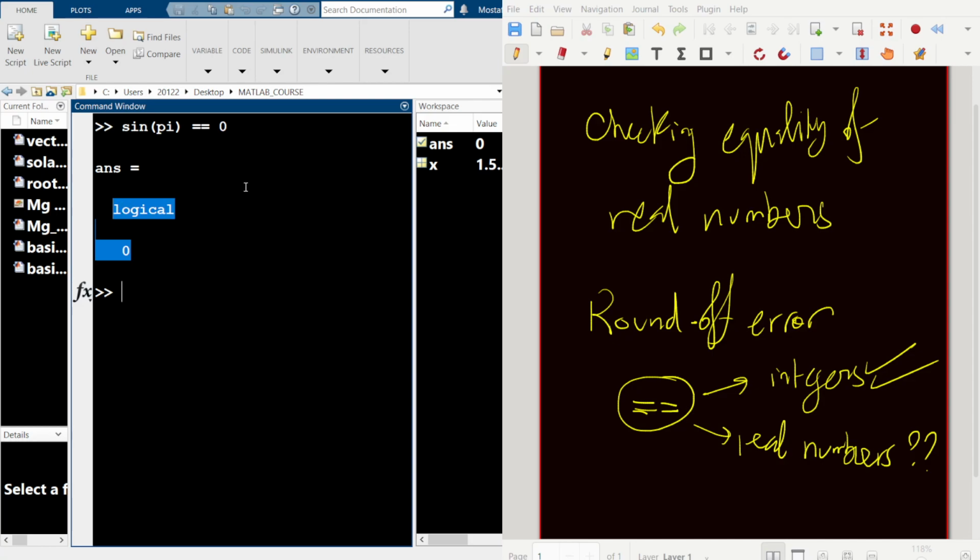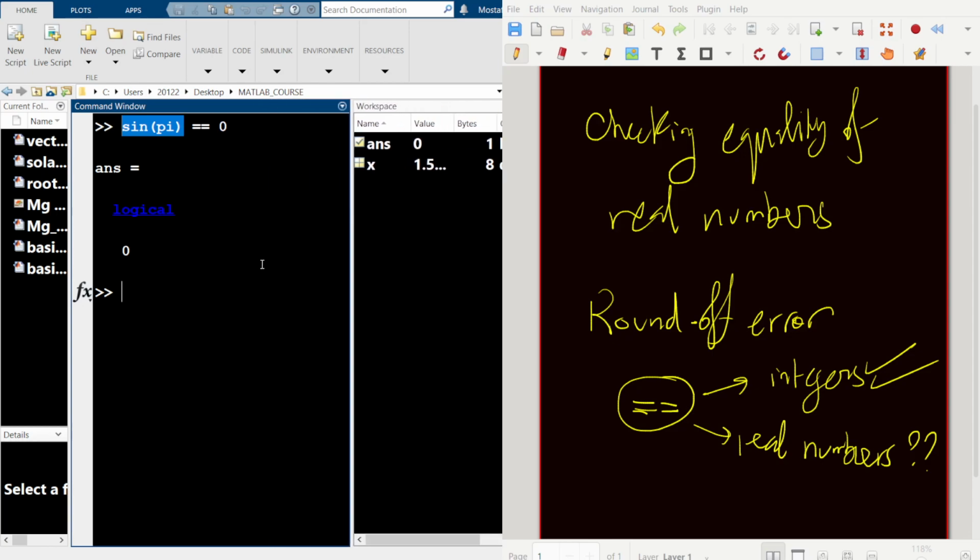The reason for this is, as we just saw, that sine pi is not exactly 0 in MATLAB. We can even remember that we typed this a while ago. It's not exactly 0, and because of this, the relational operator equality checking doesn't work.